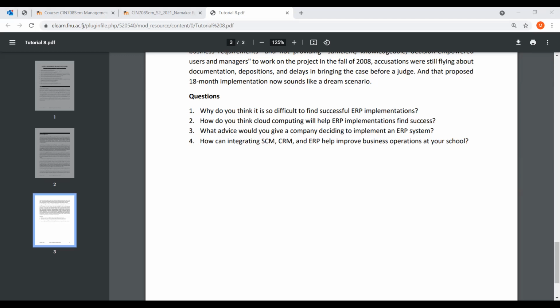One is easy registration of courses and students. Second point, no more standing unnecessarily in queues.